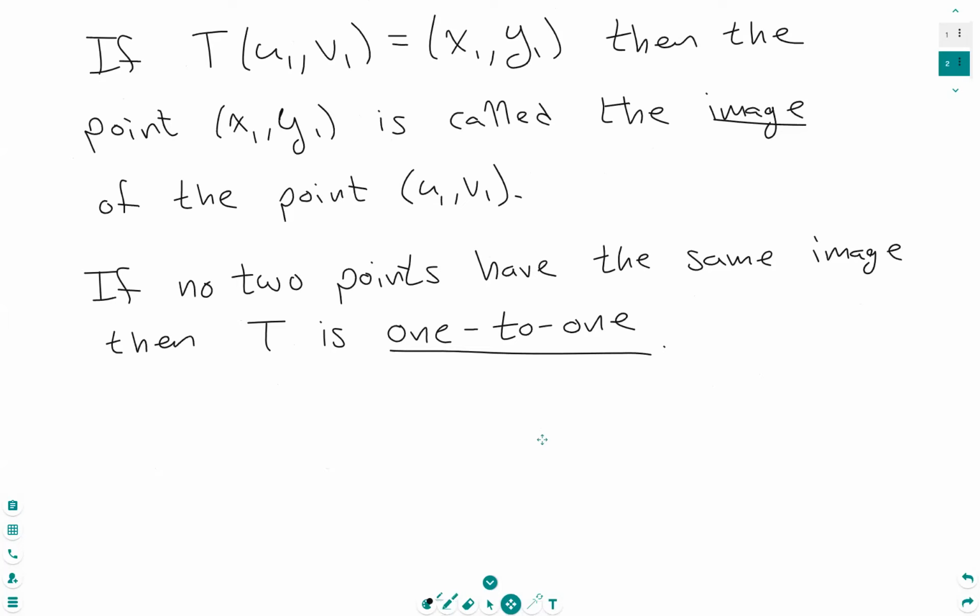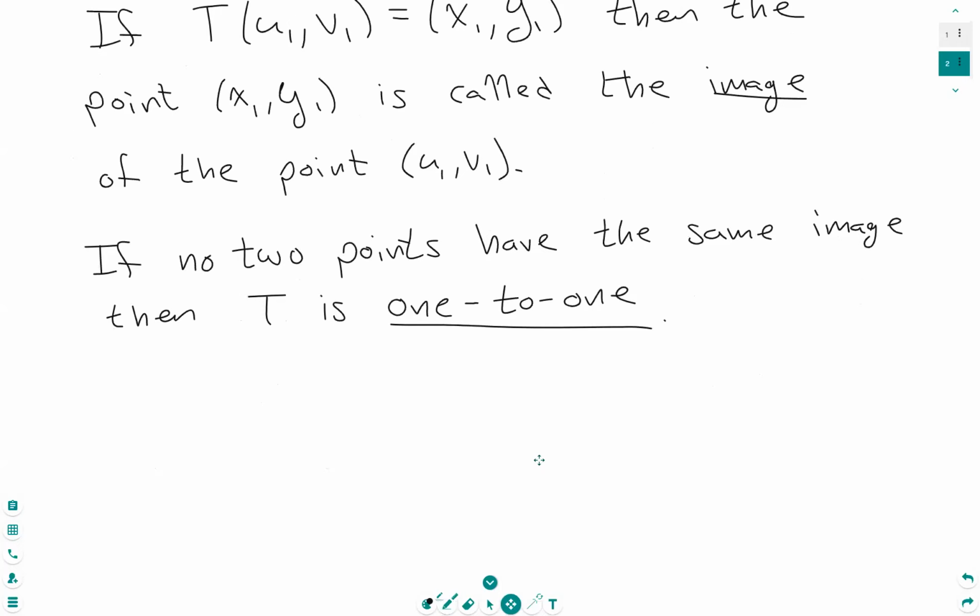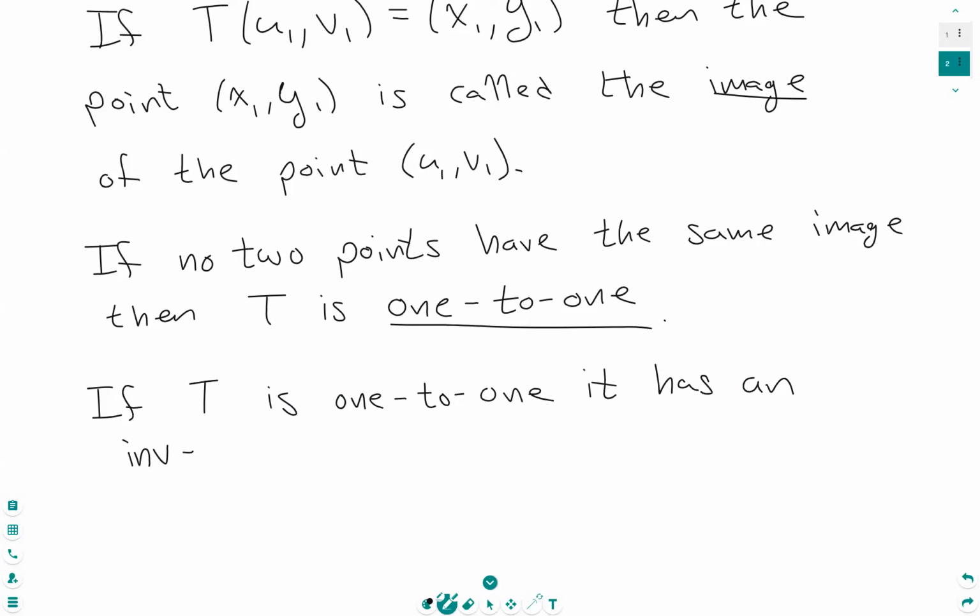So for every point, there's a unique point in the other one. If T is 1-to-1, it has an inverse transform that we write as T to the negative 1, from XY to UV.